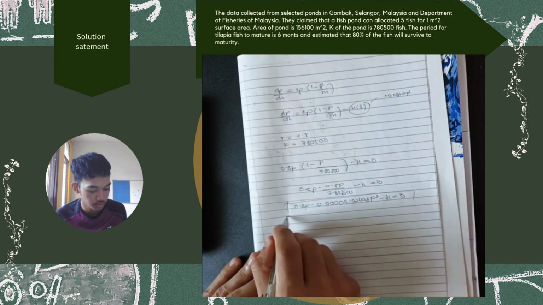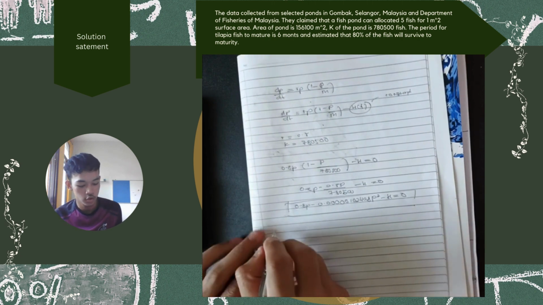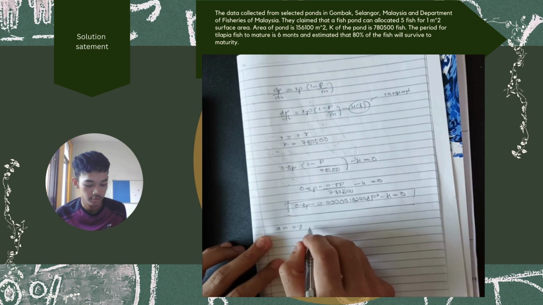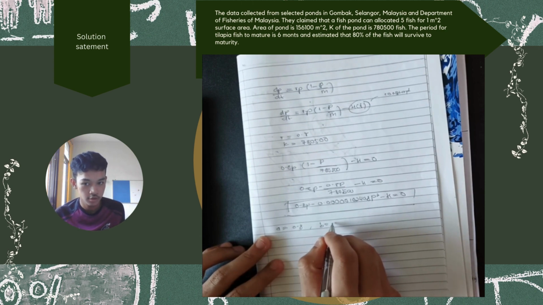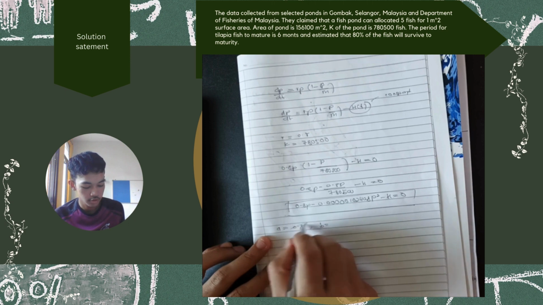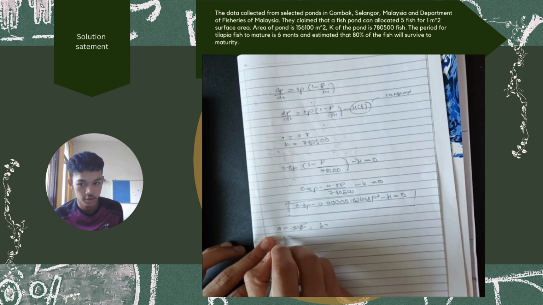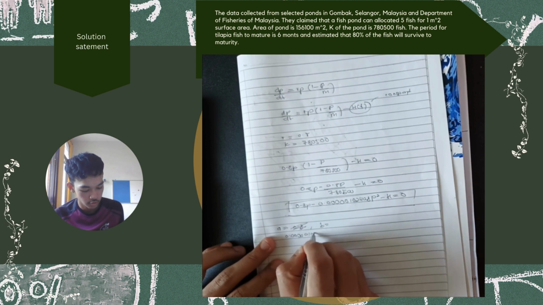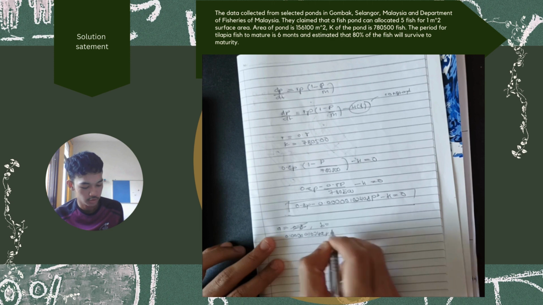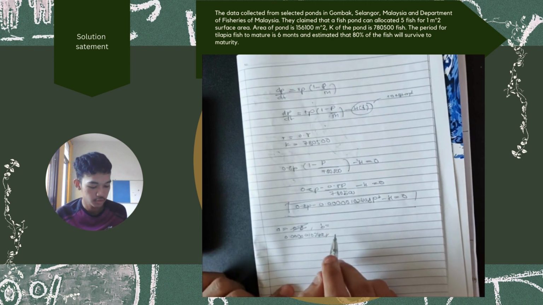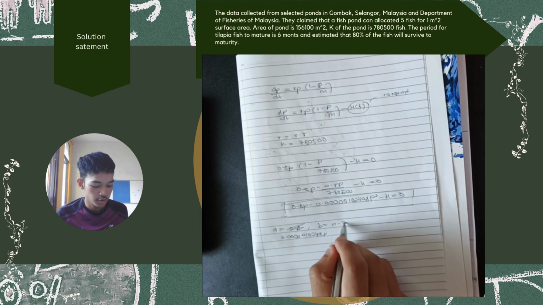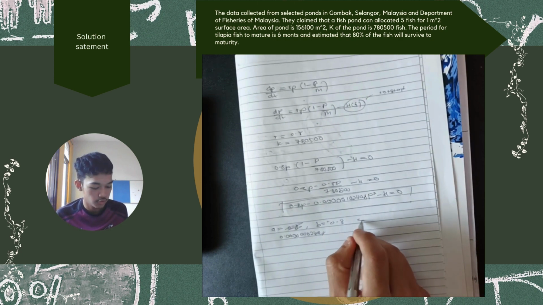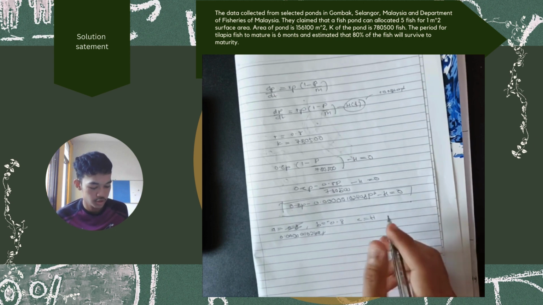By this equation, the value of A is 0.000000102498, the value of B is negative 0.8, and the value of C is equal to H.